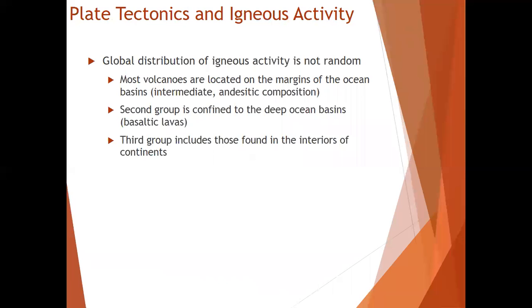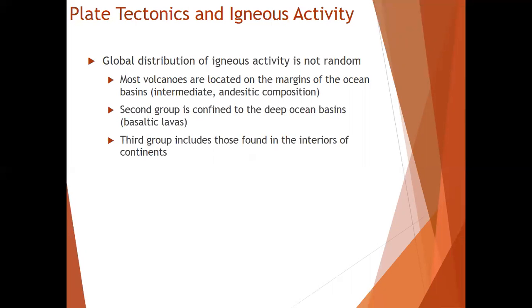Finally, the global distribution of where we find igneous activity and therefore volcanoes is not random. Most volcanoes are located on the margin of ocean basins. So margin being these areas where two things are coming together usually.